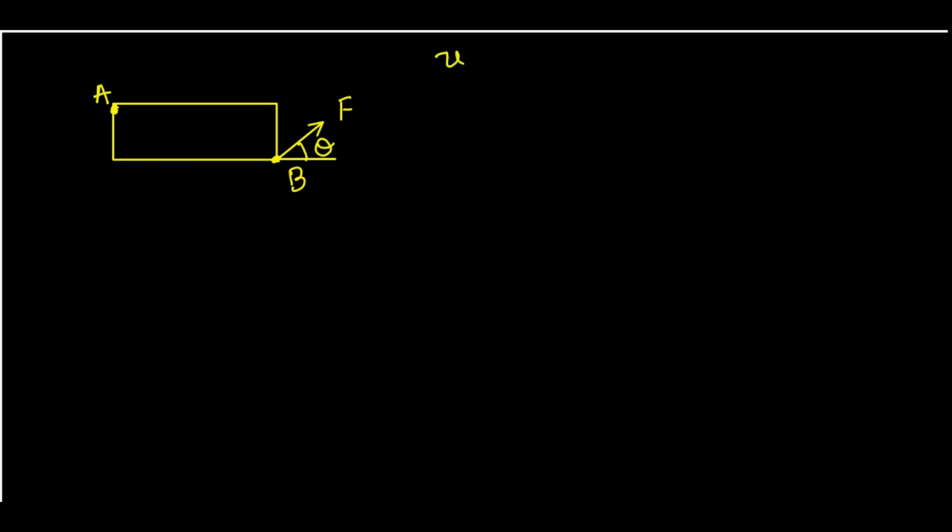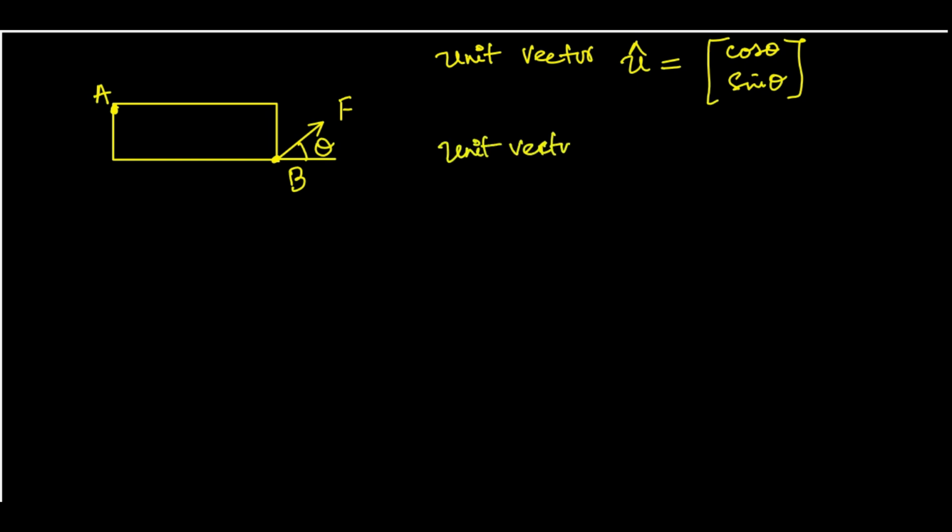So we will define a unit vector u cap along the line of action of the force, which will be cos theta, sin theta, and then unit vector perpendicular to F is K cross u cap.